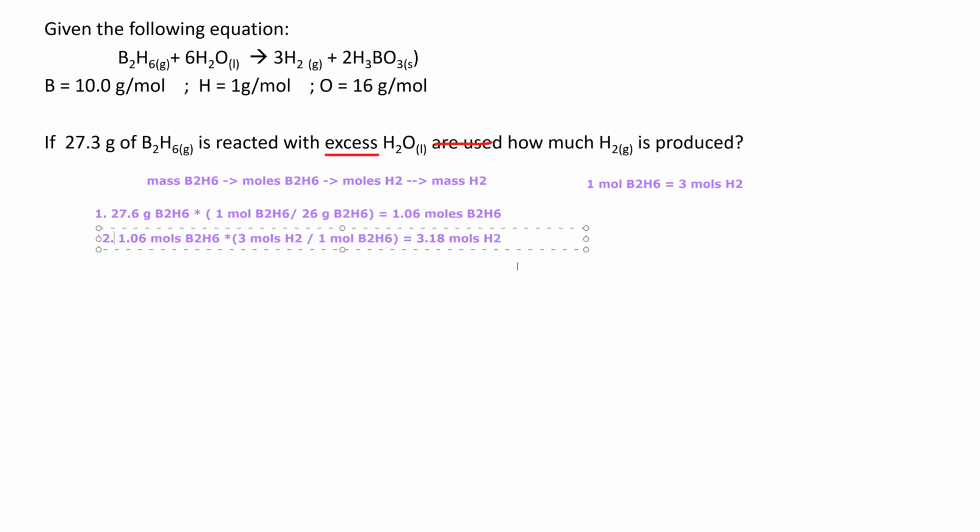And then step 3, we're going to take the moles of product and convert it to mass.